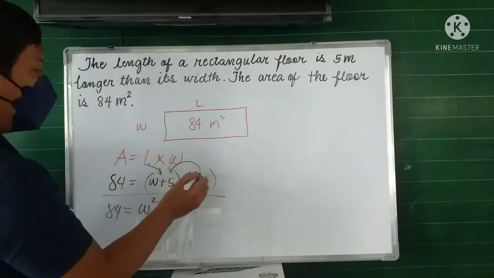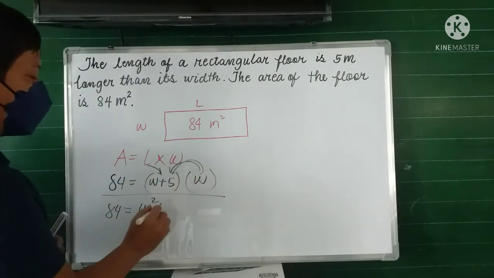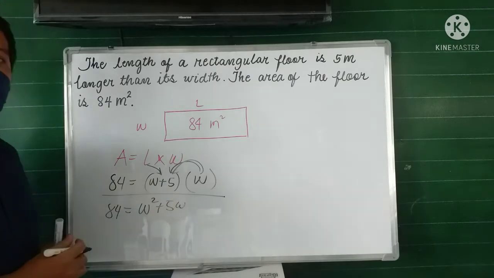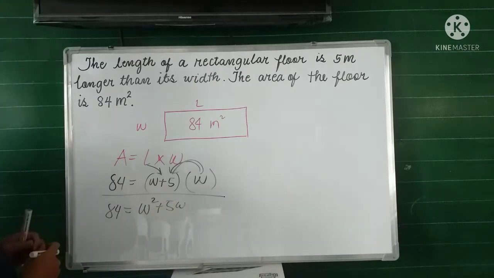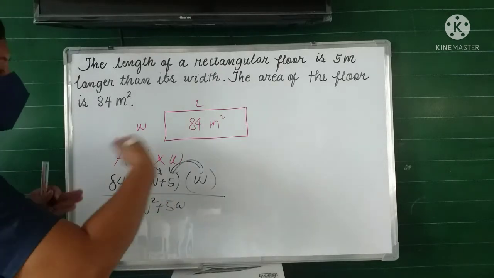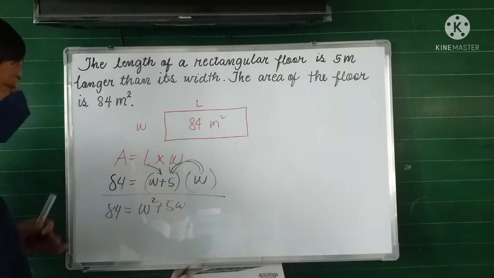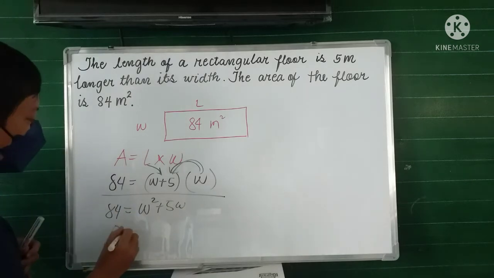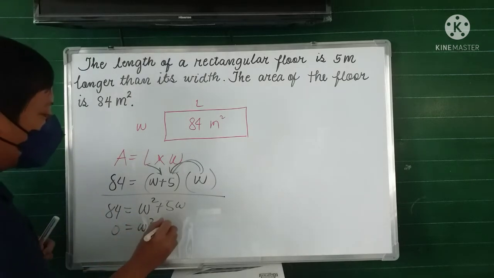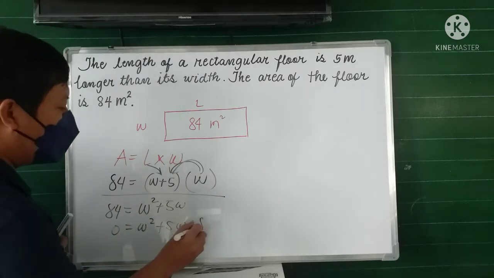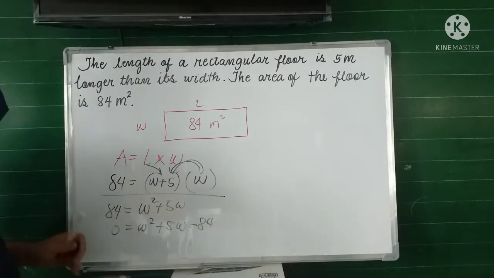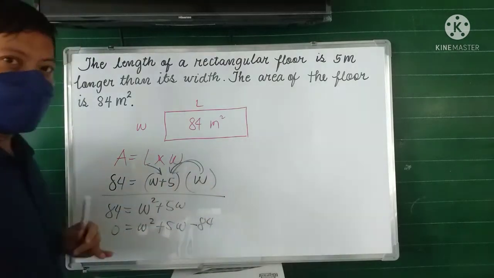And then multiplying W by 5, we have 5W. Now, this time, we're going to transpose 84 to the right to make it a trinomial. So we have 0 is equal to W squared plus 5W minus 84. The 84 became negative because we moved it to the other side.